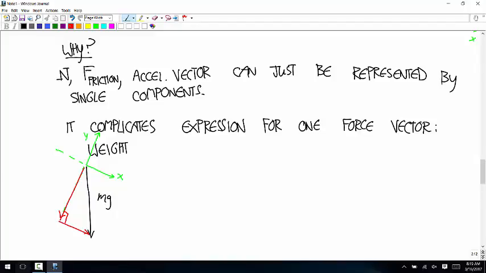So that's mg. This one you could think of as mgy, mgx. Okay.